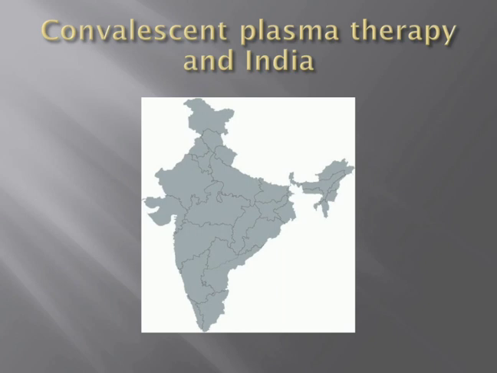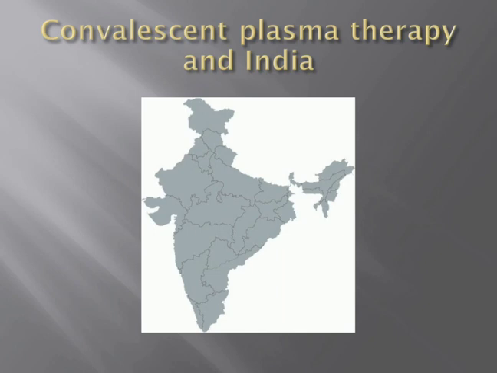Some states have already got permission from the ICMR to test convalescent plasma therapy, but the ICMR has strictly insisted that the CPT, that is this plasma therapy, has to be tested on an experimental basis only and not on a treatment basis. So what are the conditions which have to be fulfilled during experimental purposes? Those conditions should be strictly followed while testing this CPT.